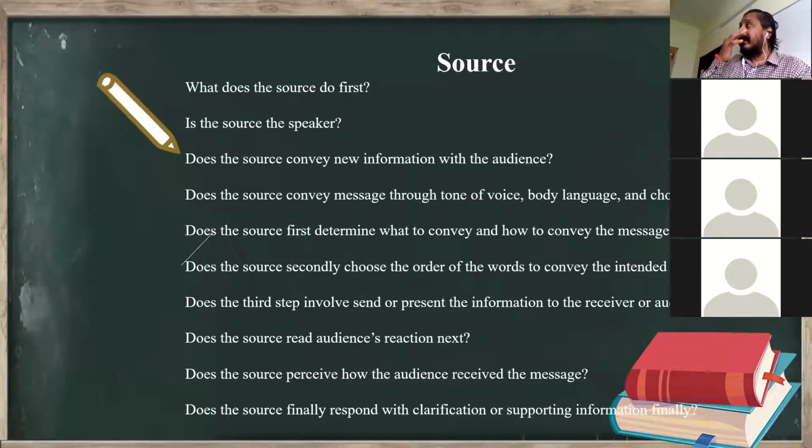If you remember, the way I started my session, I started with wishing you good morning. So the first thing the source does is to have an initial interaction with the audience. He or she tries to make eye contact and understand what kind of audience is present. So the first thing the source does is to analyze your verbal and non-verbal responses.